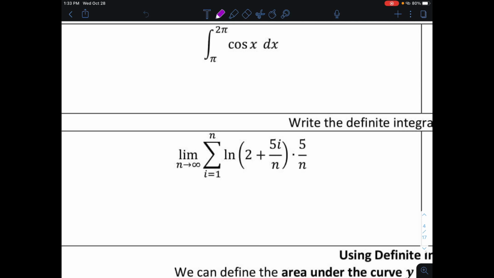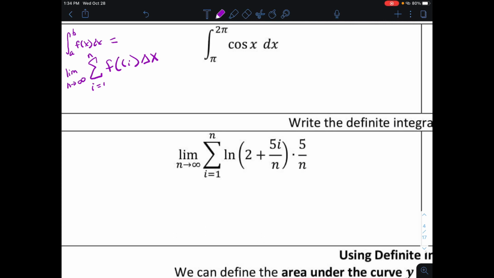The limit that we're using for a Riemann sum says that a definite integral from a to b of f of x dx is equal to the limit as n approaches infinity of the summation from i equals 1 to n, where i stands for subinterval, of f of c_i times change in x.